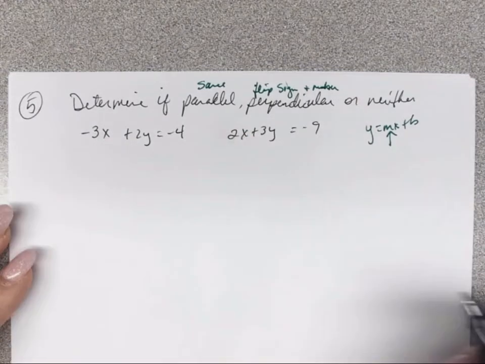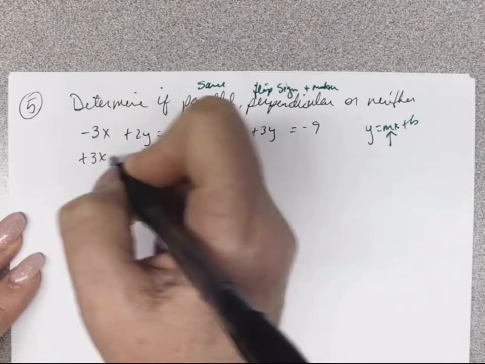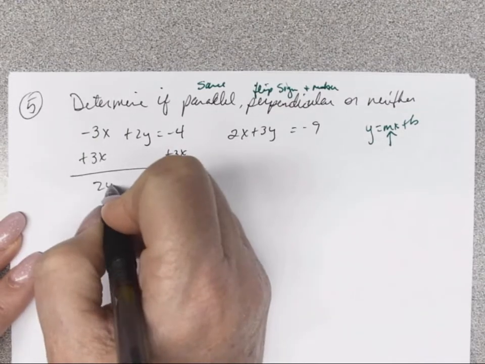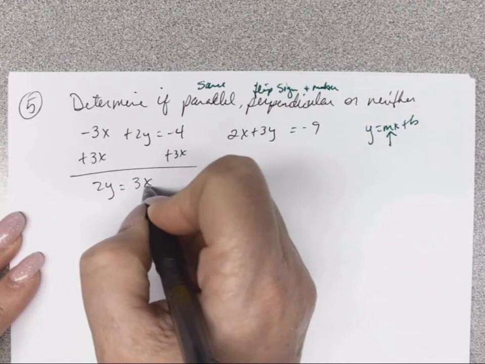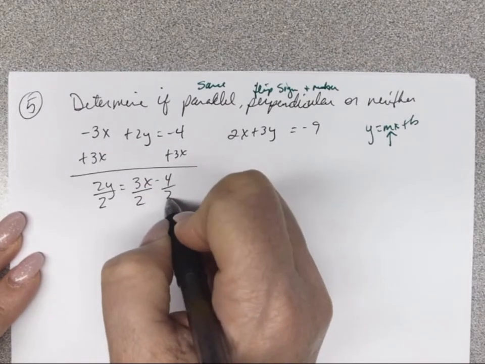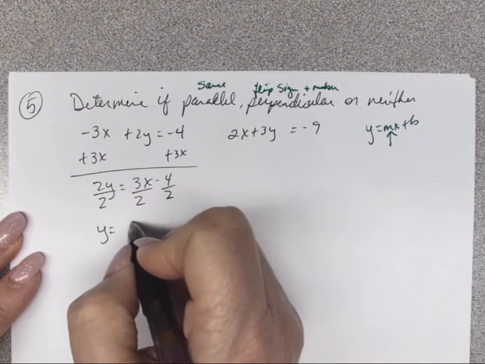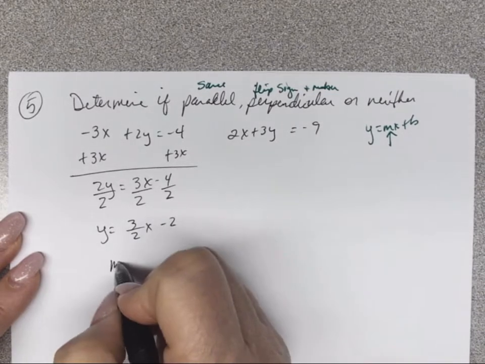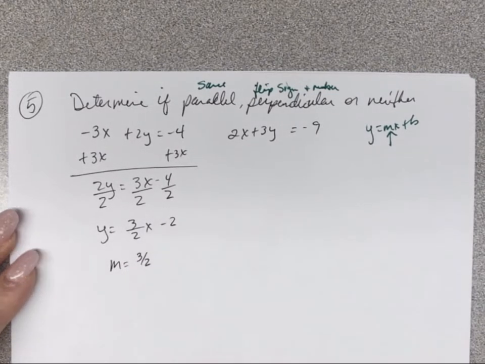All right, so let's do our example here. So I'm going to solve for the first one, so I'm going to add the 3x to the other side because I want to solve for y. So we get 2y is equal to 3x minus 4. Divide each term by 2, and I get y is equal to 3 halves x minus 2. So here, my slope is 3 halves.